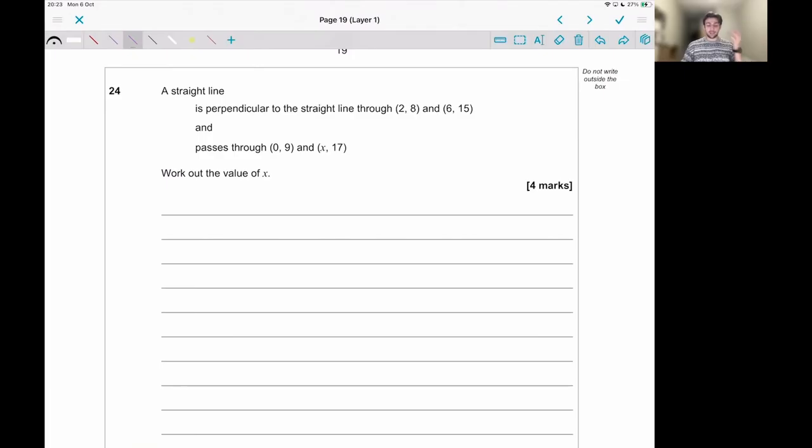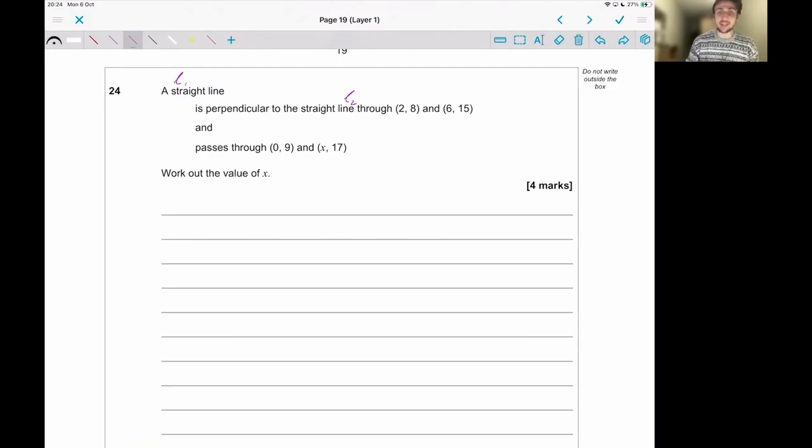We're looking at a straight line, and we're told that this straight line is perpendicular to this other straight line. So let's call the first straight line L1 and the other straight line L2. L2 goes through (2, 8) and (6, 15). What's the gradient of L2? Because if L1 is perpendicular to L2, then we want to know the gradient.